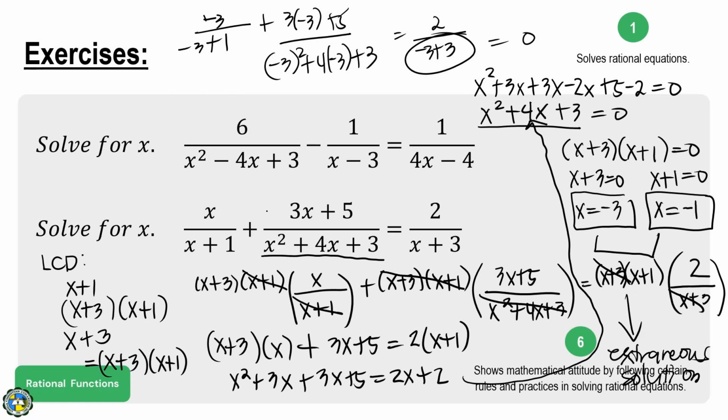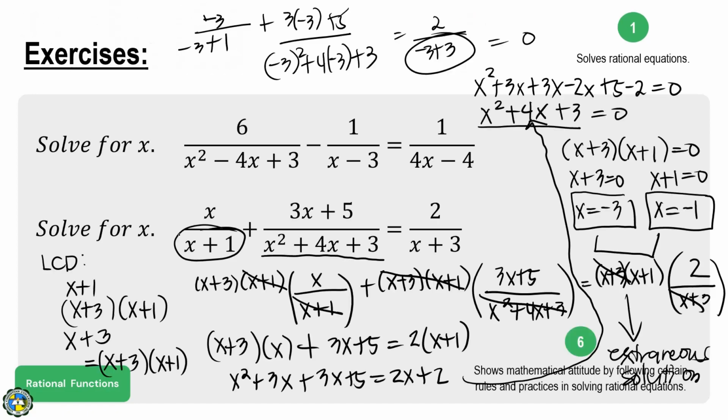Same here, when we substitute negative 1, it is also an extraneous solution since the denominator we get is 0. So, always remember to check, to verify if our answer is correct and at the same time whether we come up with an extraneous solution.